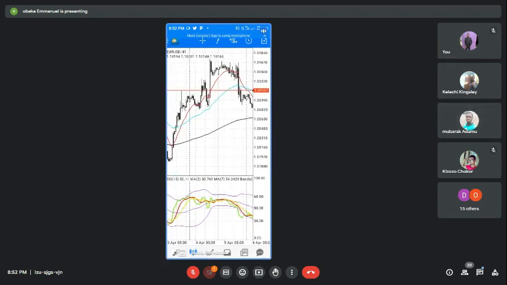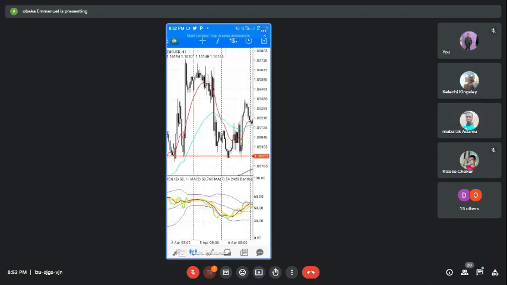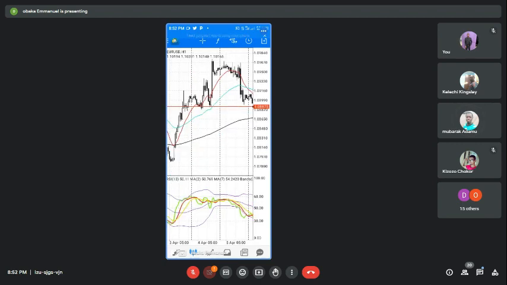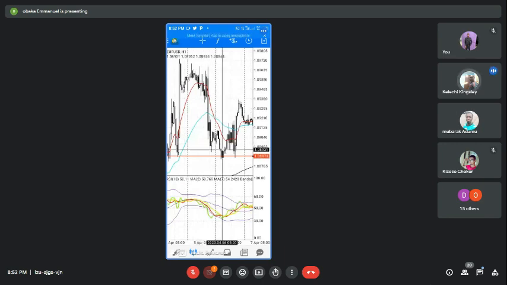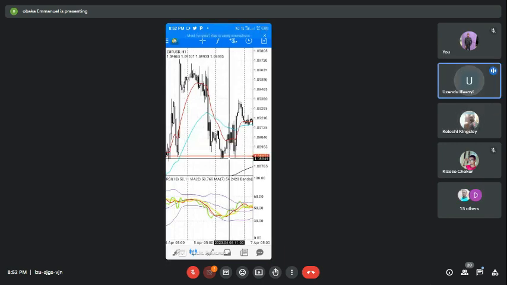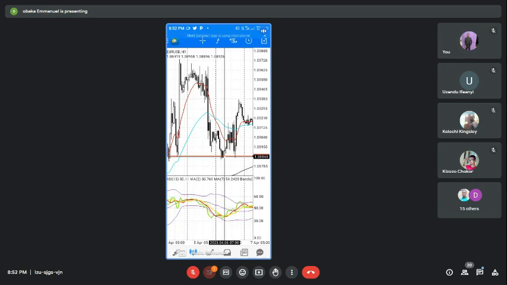Here, look at what happened here. This was the zone the market left before that peak. And you see that the market actually closed. Yes, it closed.